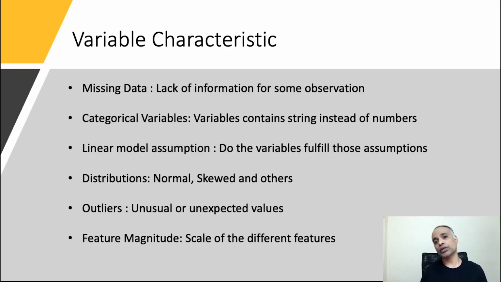When you look into the rows, the scale also matters because we need to compare two variables, and you cannot compare two variables if both are not on the same scale. So in feature engineering technique, understanding what data type it is and what characteristics it has defines what you are going to do at the next stage.